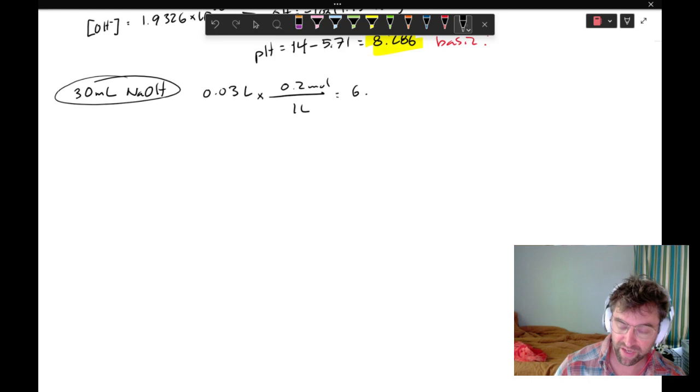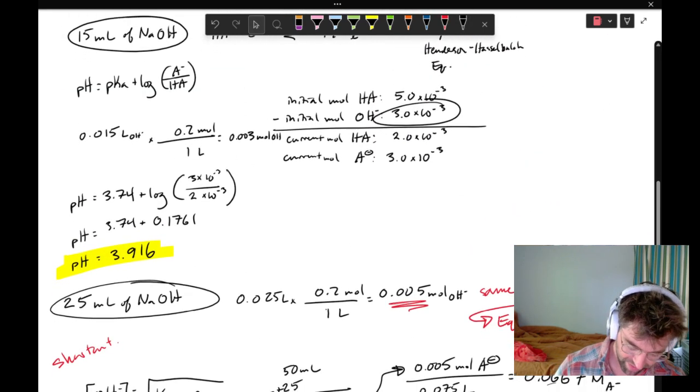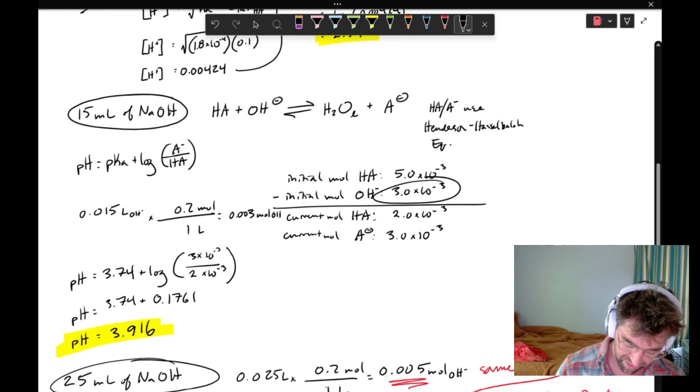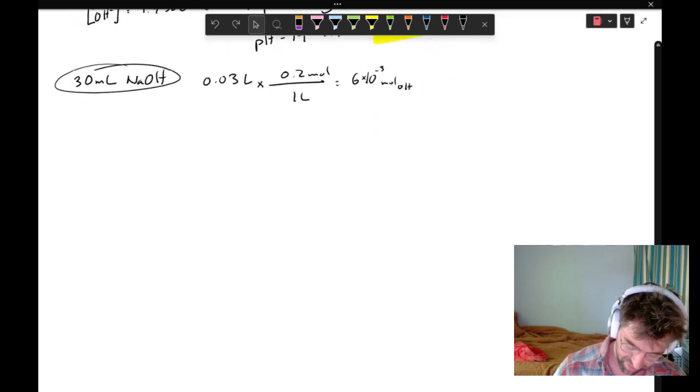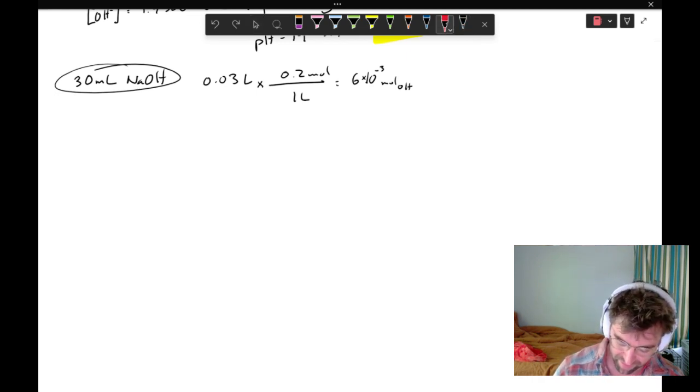The other way you could have gotten here, we already calculated what 15 milliliters has, and that is double the number that we calculated previously. So if you need additional shortcuts, to save yourself a little bit of time on a timed exam, for example, you can do that. So we double the volume, double the number of moles.